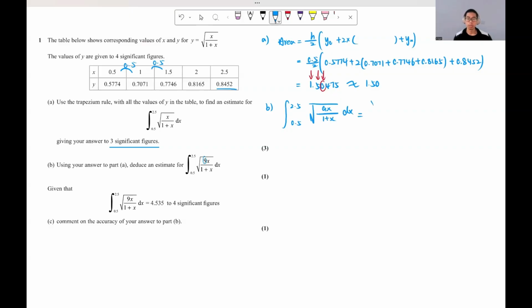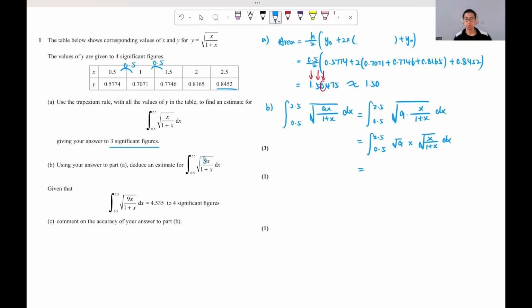For this one, first step, I will write the fraction as 9 times x over 1 plus x dx. And then for square roots, root a times b is the same as root a times root b, so root 9 times root x over 1 plus x dx.